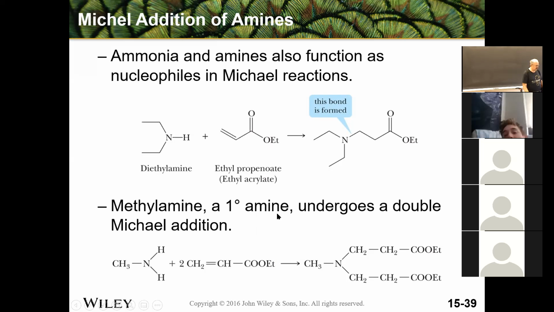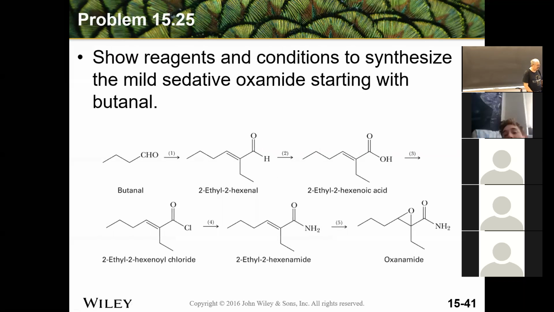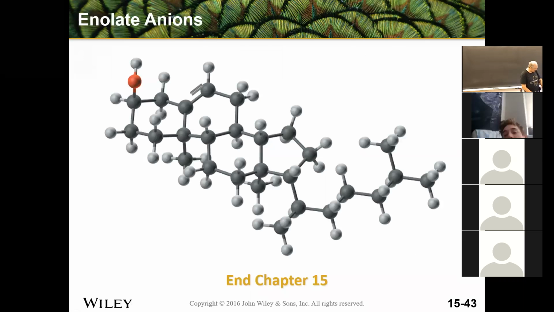Methylamine, which is a primary amine, could actually undergo a double Michael addition. I'm going to skip through here. And then we're going to go ahead and stop there.